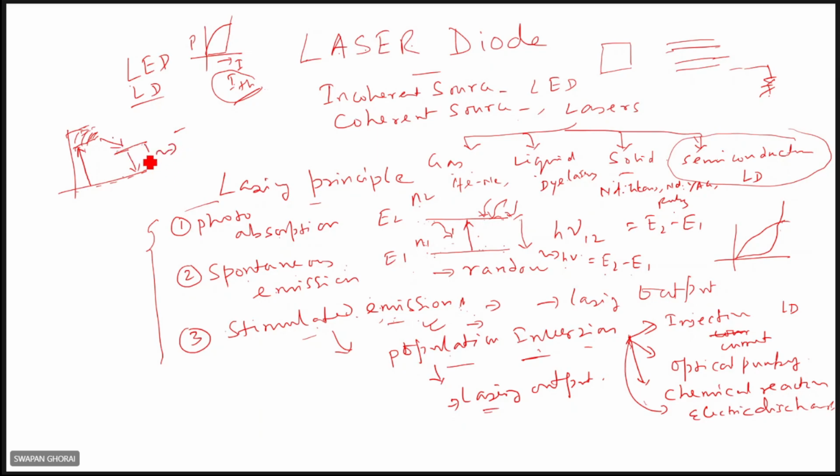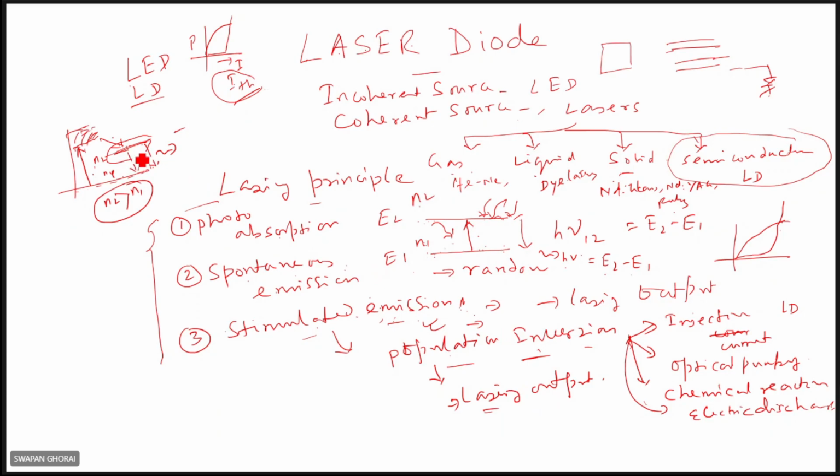This is non-radiative, but this is radiative. Initially this level is almost empty, but because of optical pumping, the electrons will be collected in the upper energy state. So if this is N2 and this is N0 or N1, then N2 will be greater than N1. In that situation, it is called population inversion.